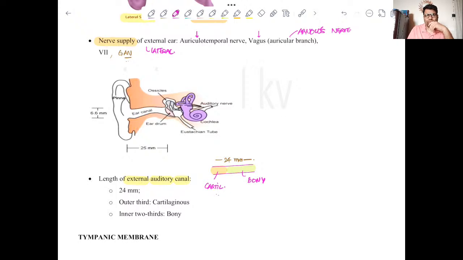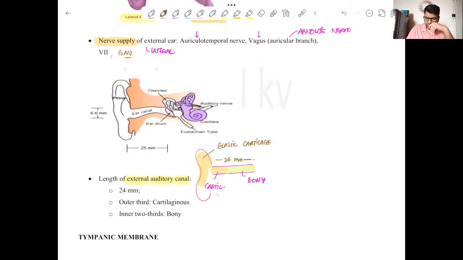Now it's very easy to remember the outer part is cartilaginous because this is the pinna, and the pinna is made up of elastic cartilage, right? So this is all elastic cartilage. You can remember this elastic cartilage of the pinna is continuous with the cartilaginous portion of the outer 1/3 of the external auditory canal.